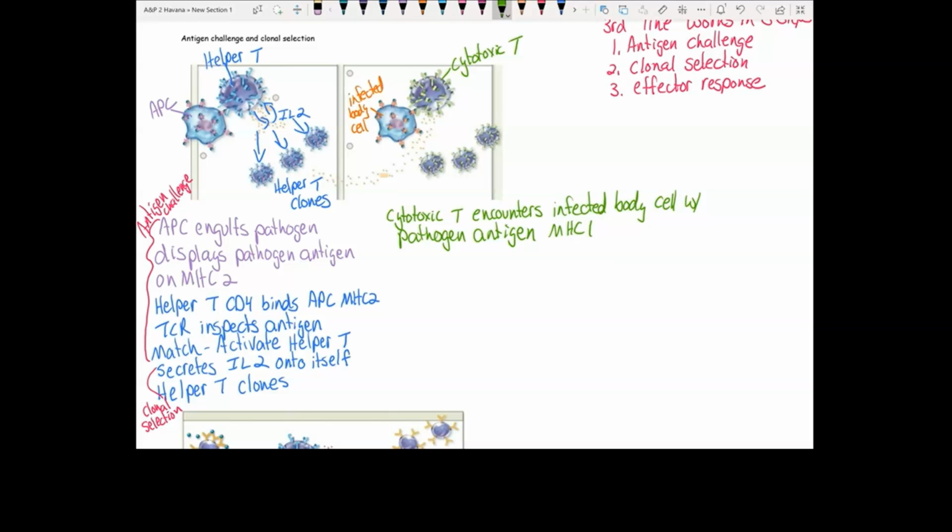Again, it's that trial and error. You have lots and lots of different cytotoxic T cells. You have to find the one whose TCR matches this antigen. So first you will have the CD8 bind the MHC1, then the TCR inspects the antigen. And you keep repeating this process until you find your match. So there is your antigen challenge.